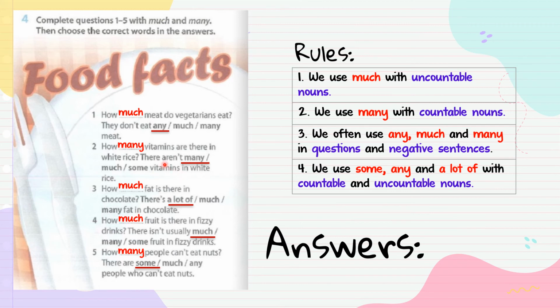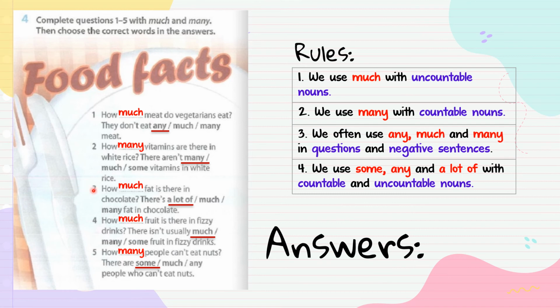Okay, since this is also a negative statement, so we have to look at the third rule again. Kita tak boleh guna some sebab tak ada any, much, many. Some tak boleh. So we have many or much. Okay, we also cannot use much because vitamins are countable nouns. So the most appropriate answer would be many.